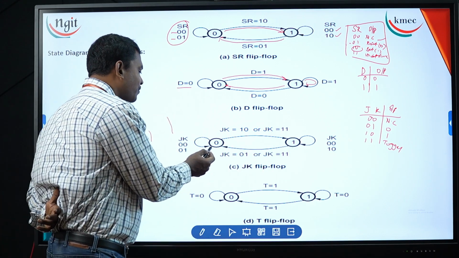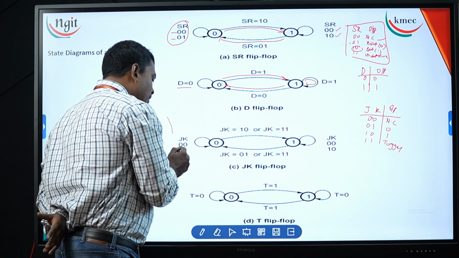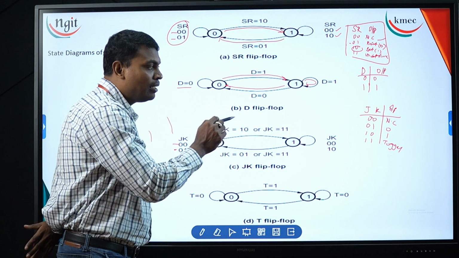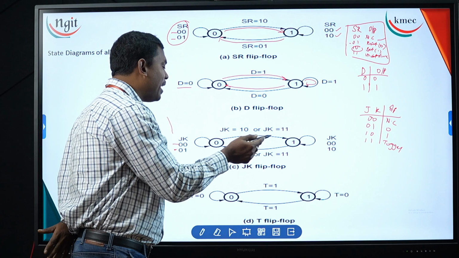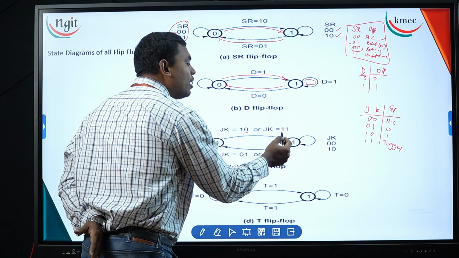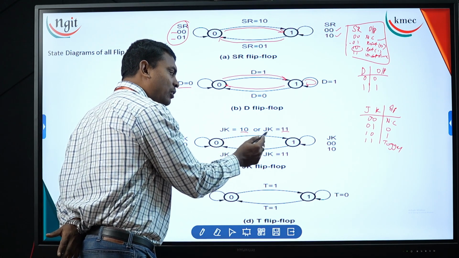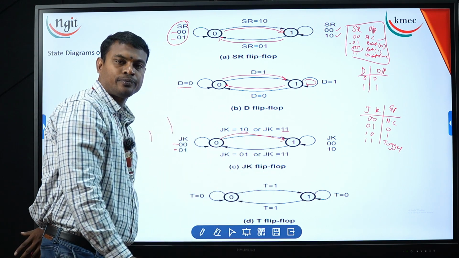Now see here, the 0 state and the 1 state. It will remain in the 0 state for the 0, 0 condition and for the 0, 1 condition. Right? That is what the functionality table is also representing. Now when it goes to the 1 state, whenever J and K values are 1, 0 or 1, 1, it will travel from 0 to 1.